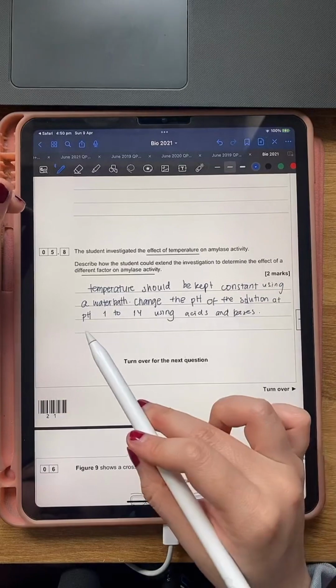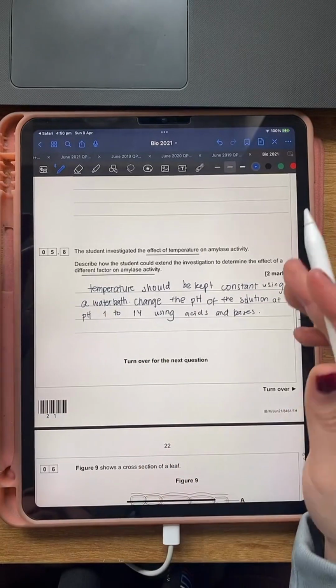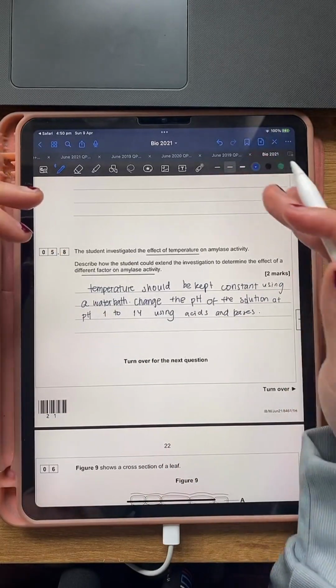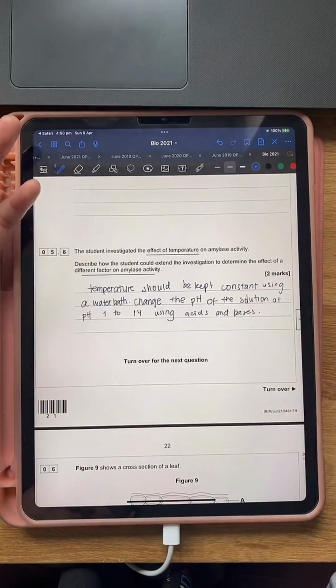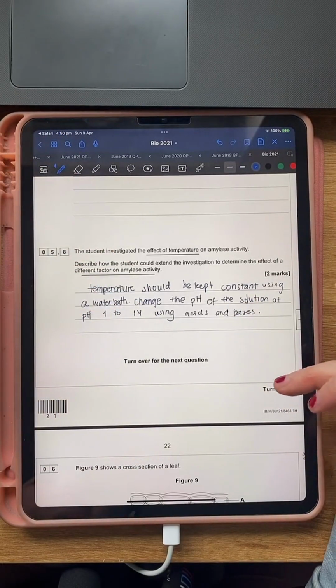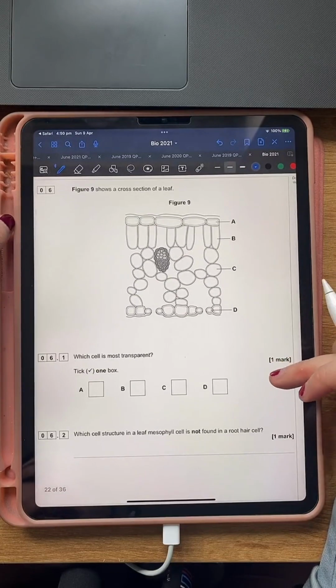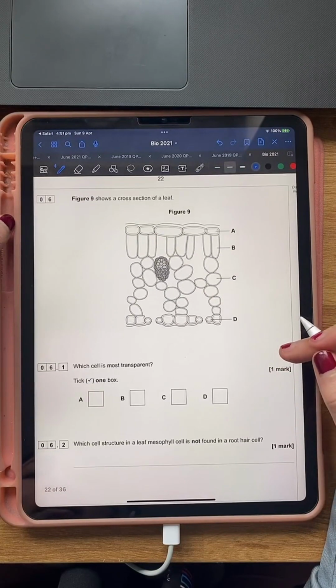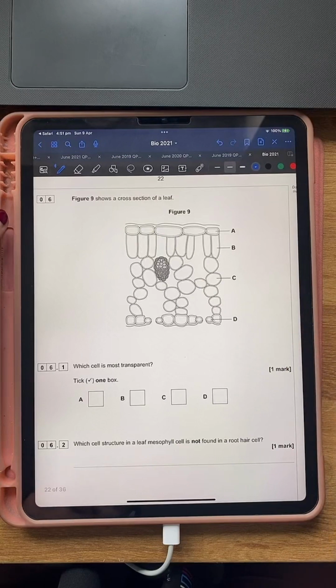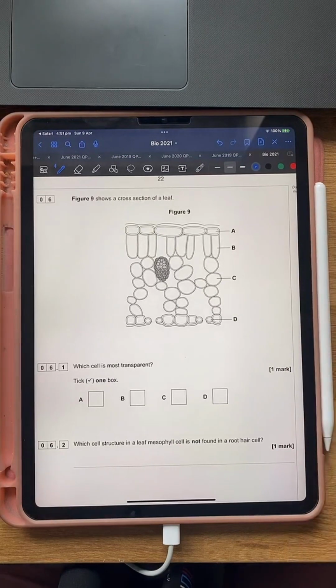Then we have question 6. Which cell is the most transparent? I'd like you guys to answer this one. What would you say? Yeah, you guys are right.